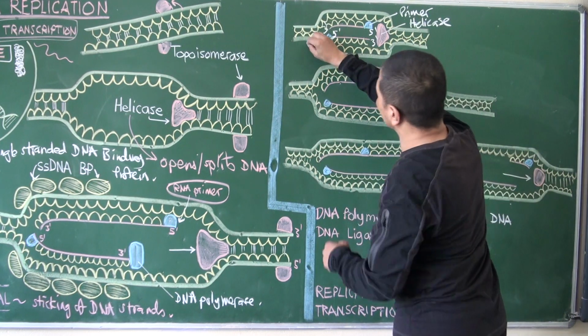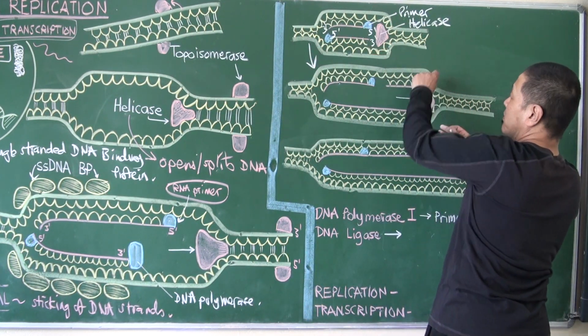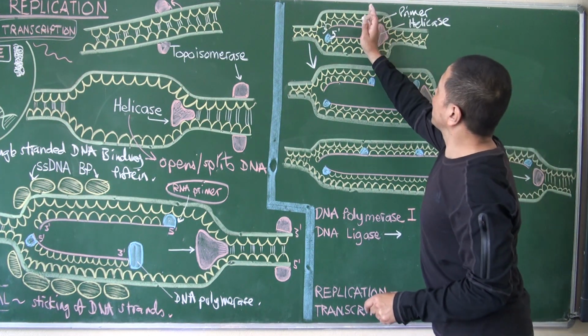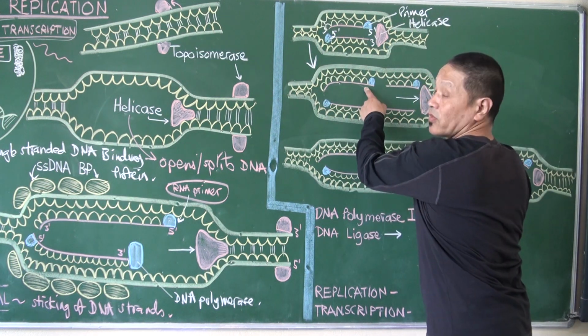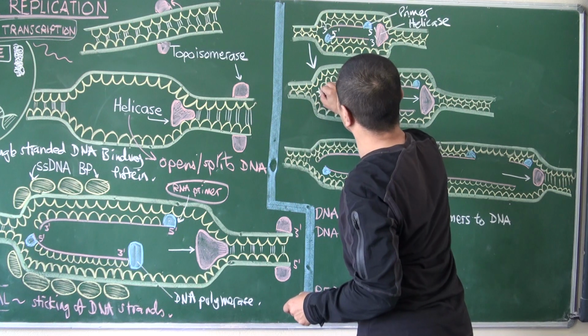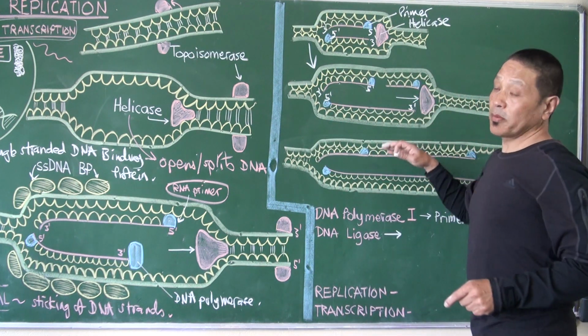So let's move on. Let's say more of the DNA has opened up because of helicase. Helicase moves here. This part has been copied. 5', 3', 5' here and 3' on the bottom one.